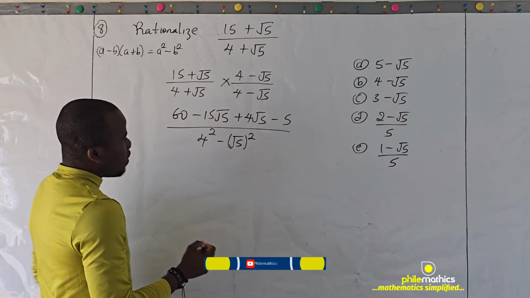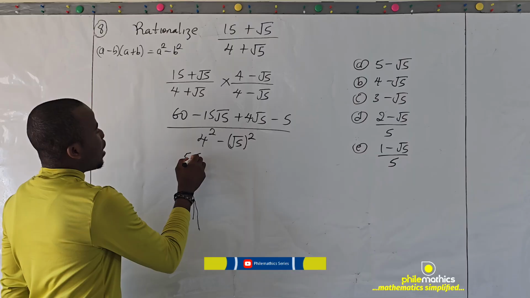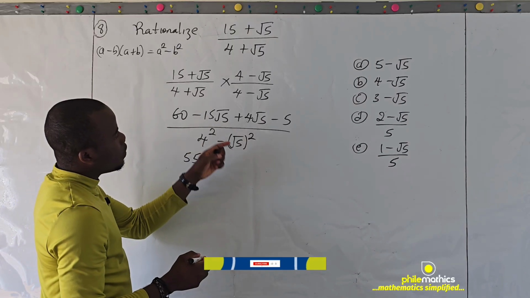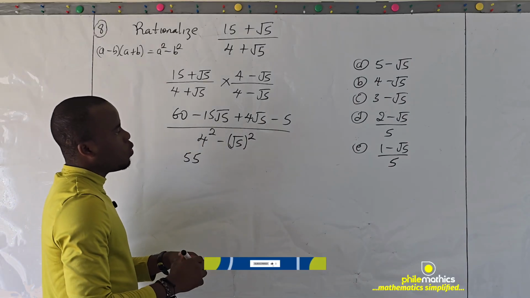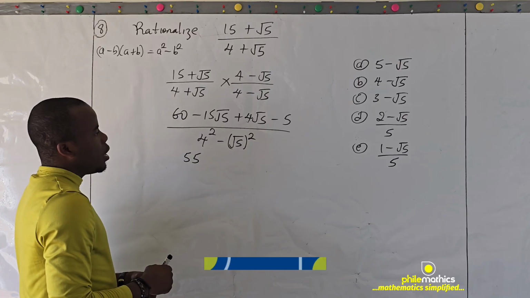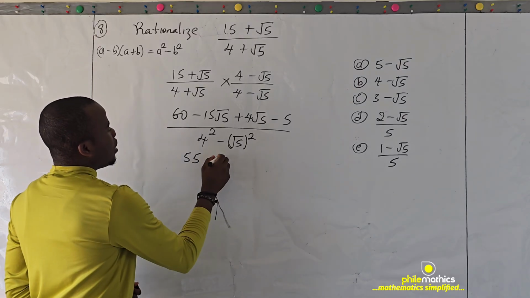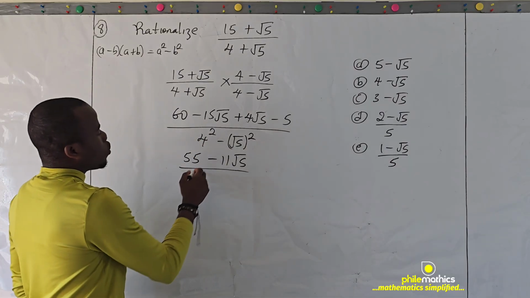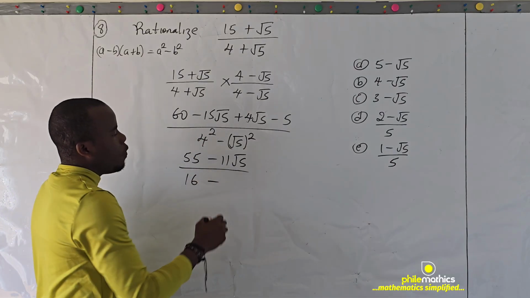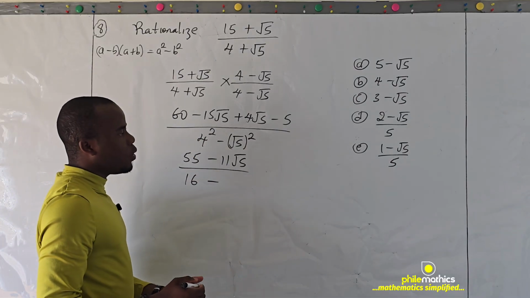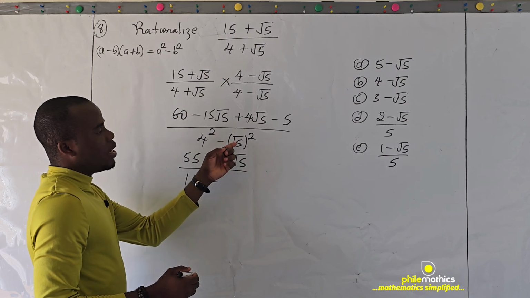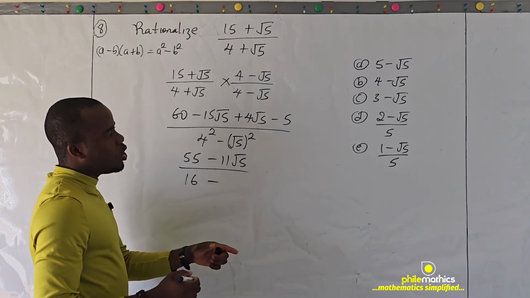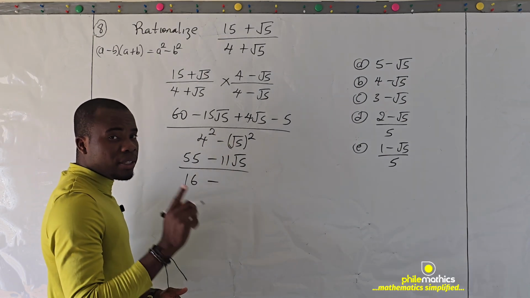60 minus 5 is 55, minus 15 root 5 plus 4 root 5 is minus 11 root 5. 4 squared is 16. Root 5 squared is 5 because this is like saying root 5 times root 5, which is root 25, and root 25 is 5.